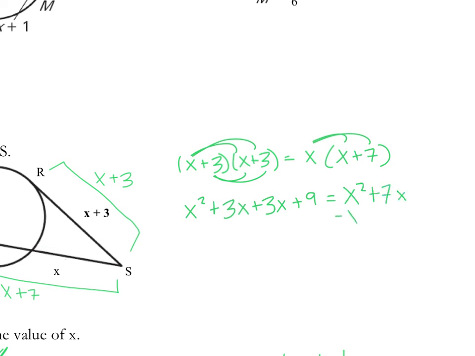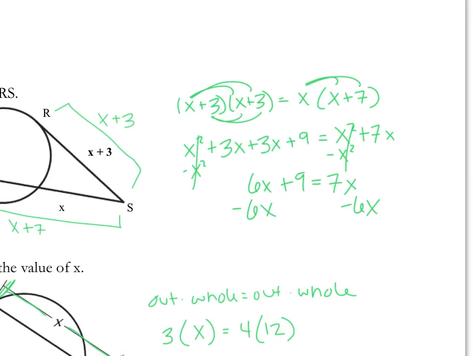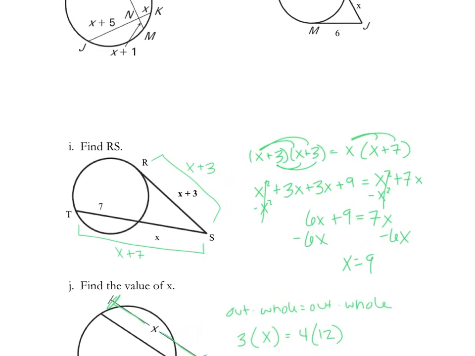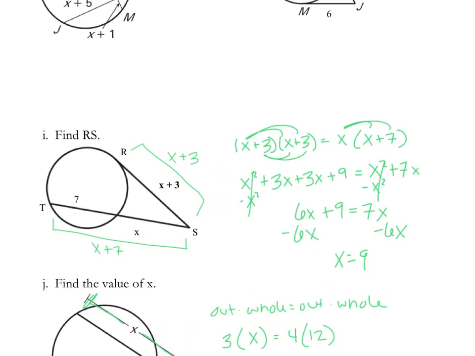Now I'm going to subtract x squared to get rid of that, and we don't have to worry about factoring. 6x plus 9 equals 7x, and then I subtract. And I get x equals 9. And then it said find RS. So RS is this piece right here. So that means all I have to do is do RS is 9 plus 3, and I get 12.